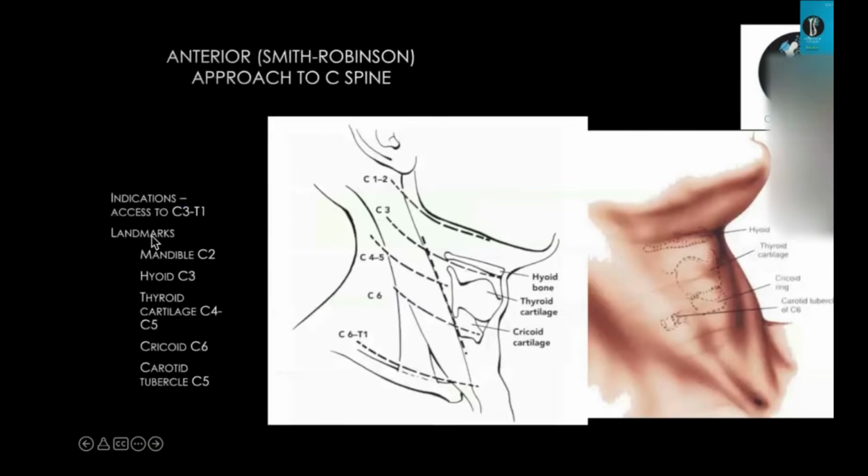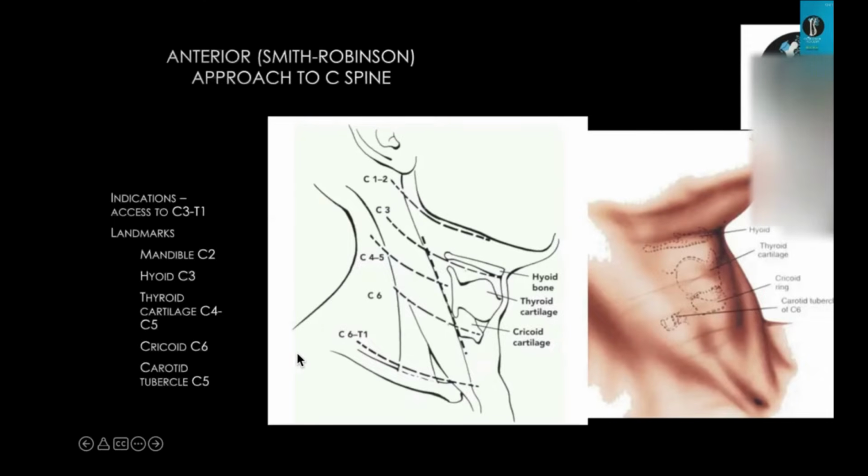So these are landmarks. Your mandible is C2, your hyoid is C3, your thyroid cartilage is C4, C5, your cricoid C6, which is where you were going to go, and then C6 to T1 is down here. Do we need to mention this in the approach?